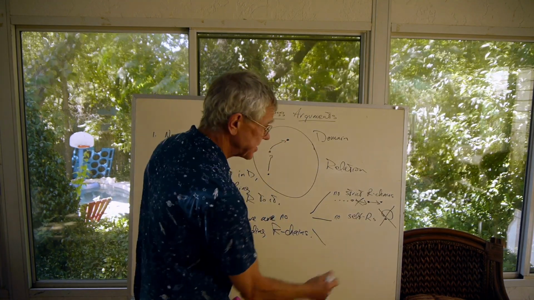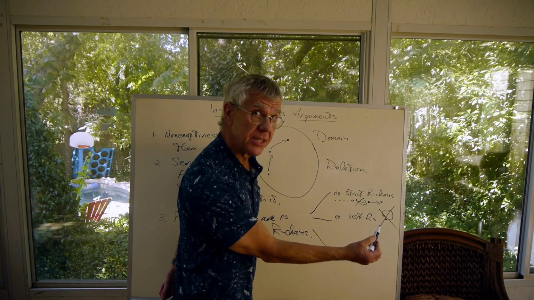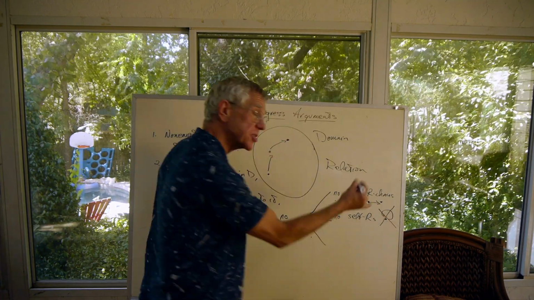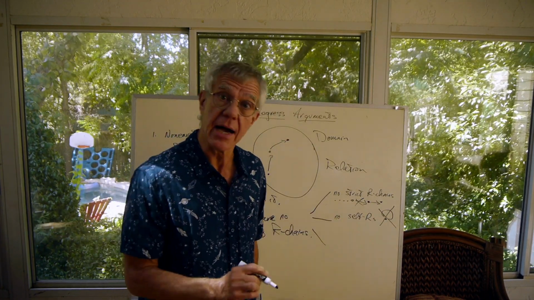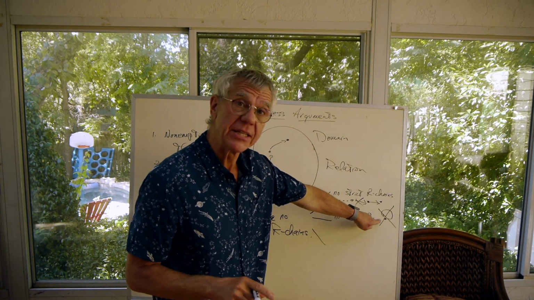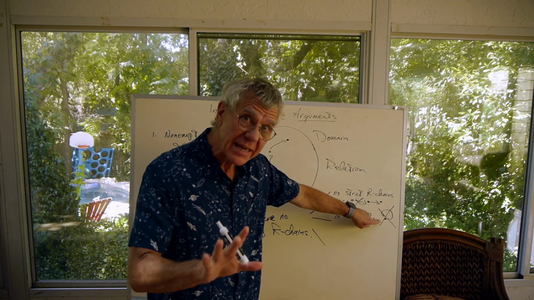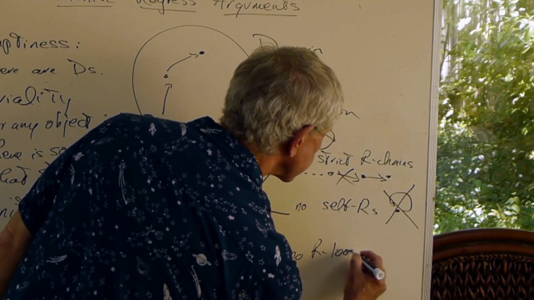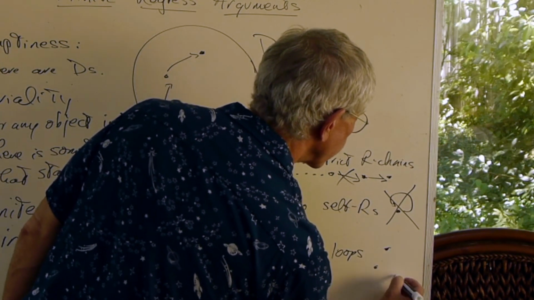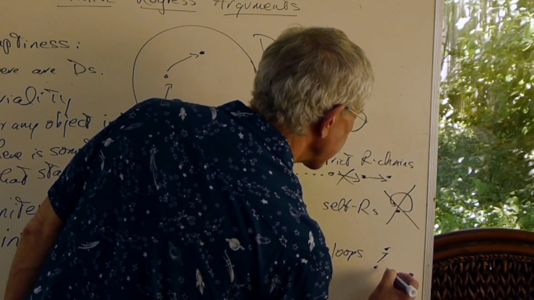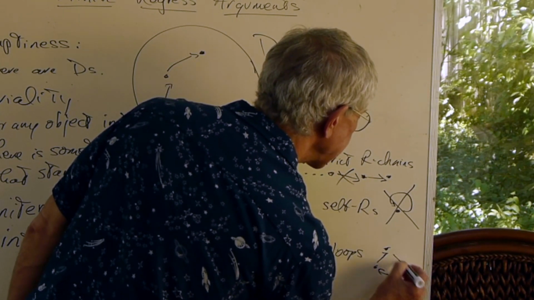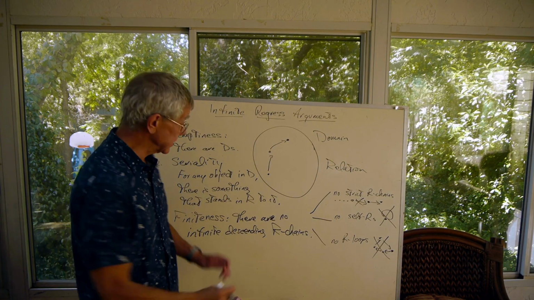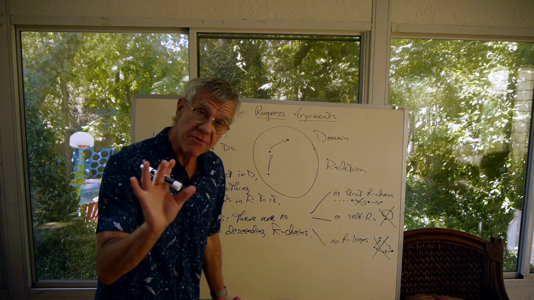Why? Well, suppose something were like this. Then we would have an infinite descending R chain from this object to itself, to itself, to itself again. We can just go around that little loop infinitely many times. And of course, it doesn't matter that it's really just one object there. This is going to generally ban loops. So we can say there are no R loops. We never get a group of objects like this, which are such that we get the relation going around in a circle. So all of those get banned in this one sweeping ban, the finiteness principle.